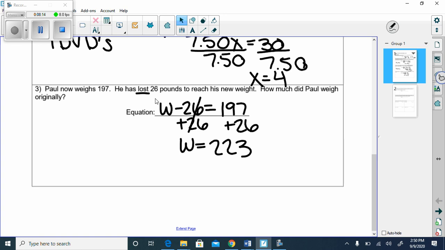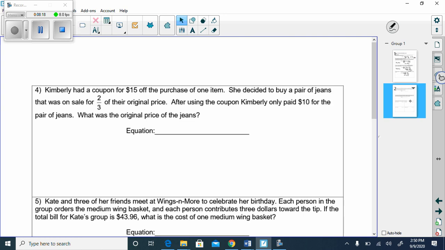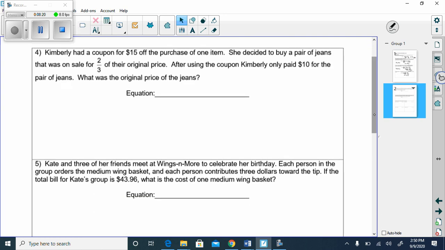All right. Let's flip it over on the back and look at number 4. All right. It says Kimberly had a coupon for $15 off the purchase of one item. She decided to buy a pair of jeans that was on sale for 2/3 of their original price.